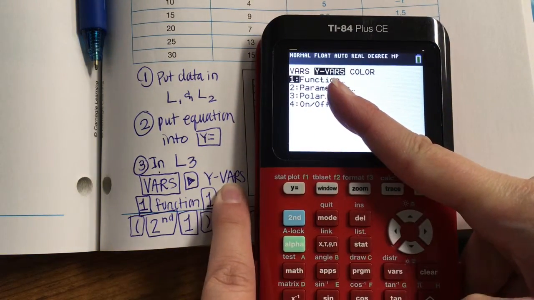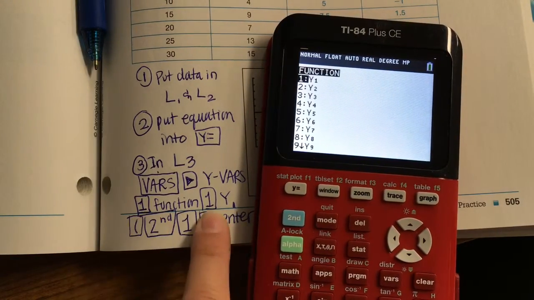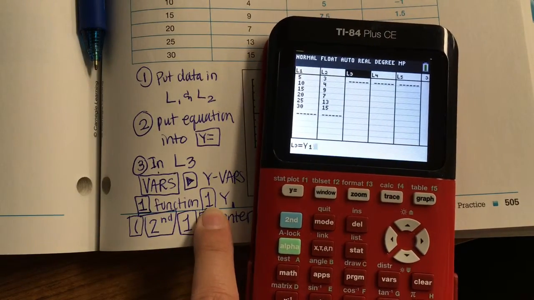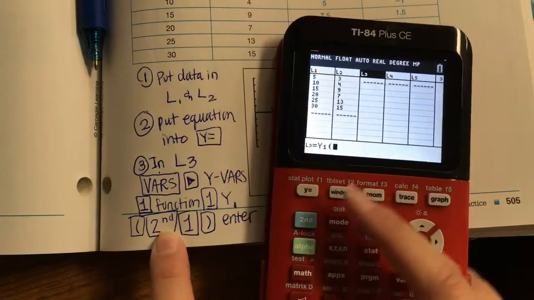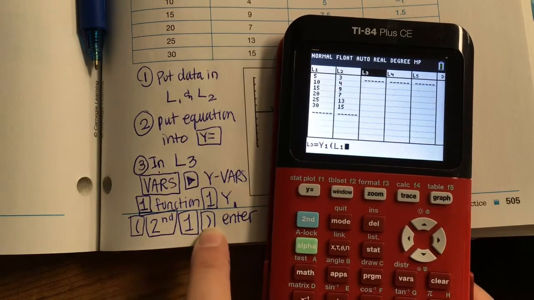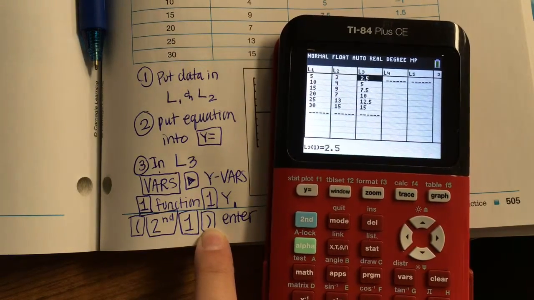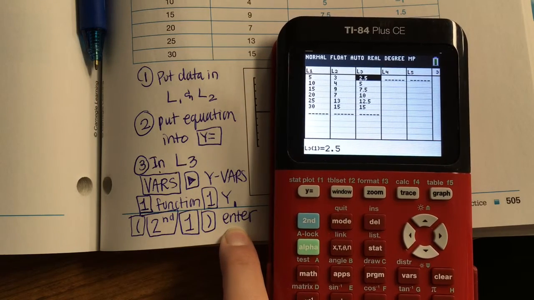So we don't need to push anything for y vars. Then we're going to push 1 for function, and then 1 again for y1, and then a parentheses, then the second button, then 1, and then close parentheses, and then enter. And then poof, the answers are there for the first column. So you can do this for all your homework problems.